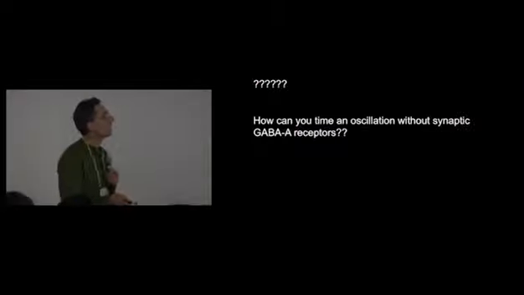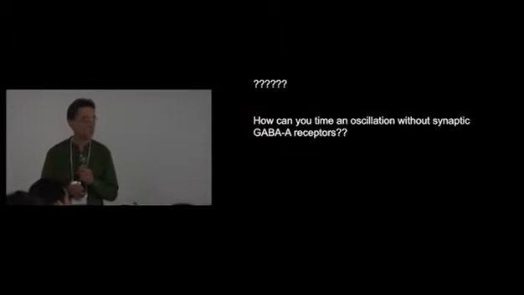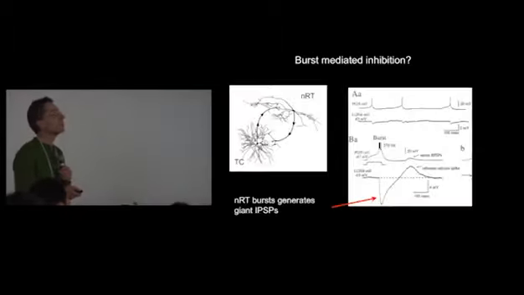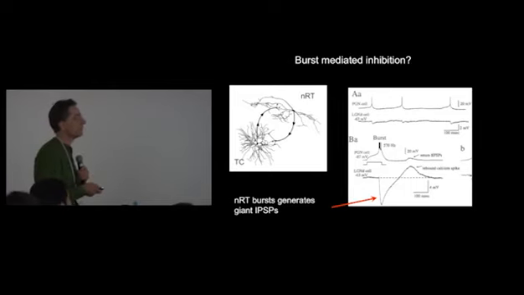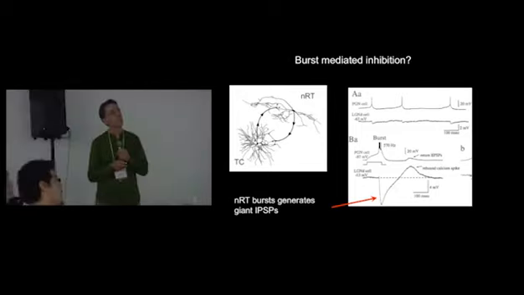But then we went on and teamed up with Anita Lüthi in Switzerland, to figure out what happens with the burst IPSCs. So earlier investigators already showed that in the case of thalamic cells, if the inhibitory cells produce a single action potential, basically you have a very tiny IPSC.